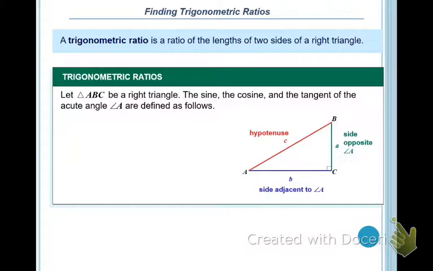Sine. You see O-H? So this will help you figure out the ratio. Sine is going to be the opposite side over the hypotenuse side. I'll show you on the screen. You can look at it either way. So sine of angle A is the opposite over the hypotenuse.